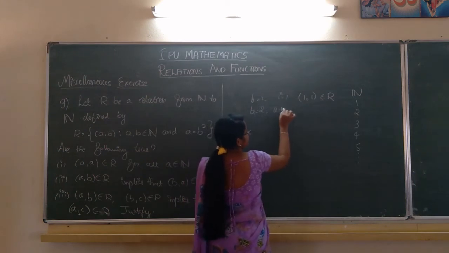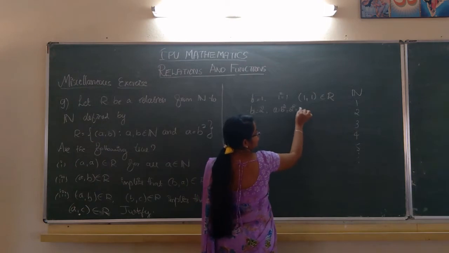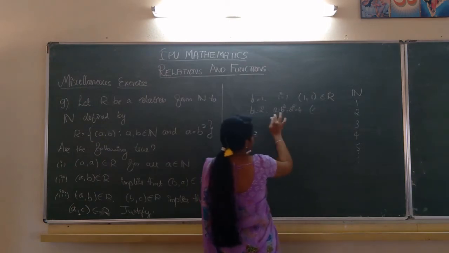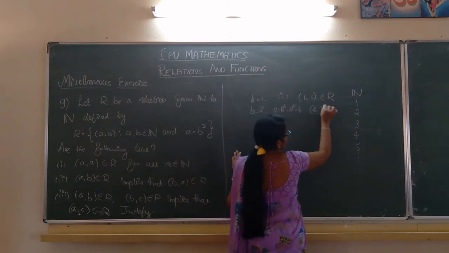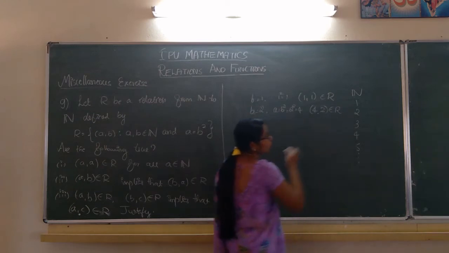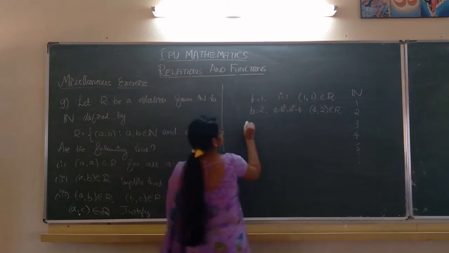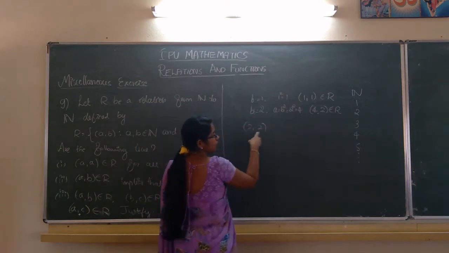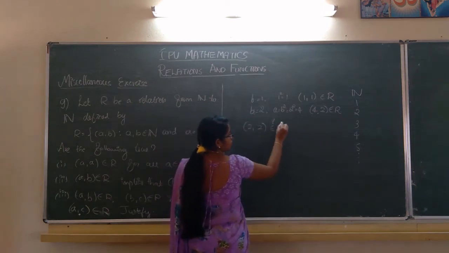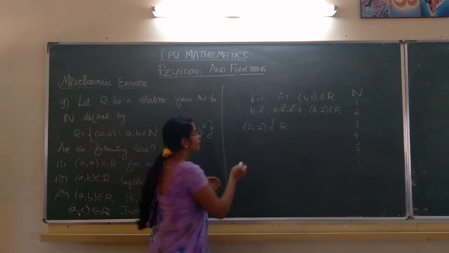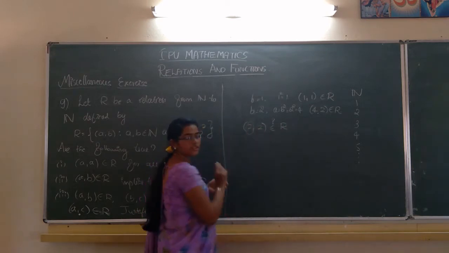A is equal to B square, that is 2 square, which is 4. So, 4 comma 2 belongs to R, but whether 2 comma 2 belongs to the relation R, whether the first element is equal to the square of the second element?